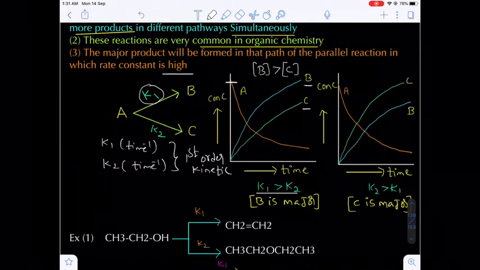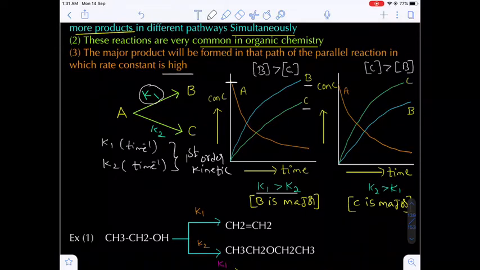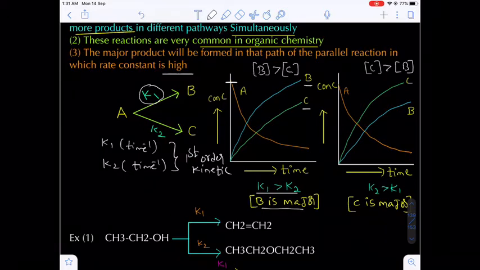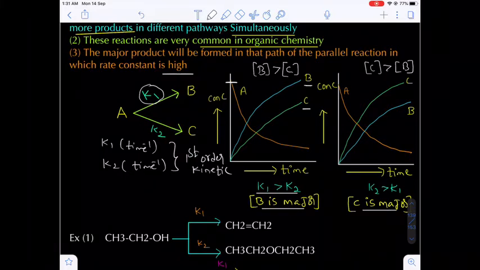Because the rate constant K1 is greater than K2, that is case 1. In the second case, if K2 is greater than K1, then the transformation of A to C is faster, so the concentration of C is greater than the concentration of B. So in the first diagram B will be the major product, and in the second graph C will be the major product. Are you getting my point?